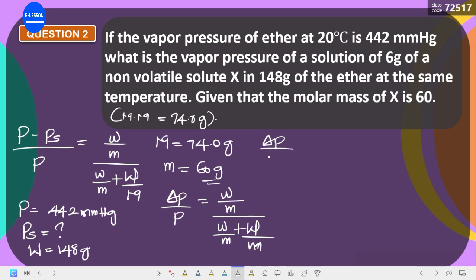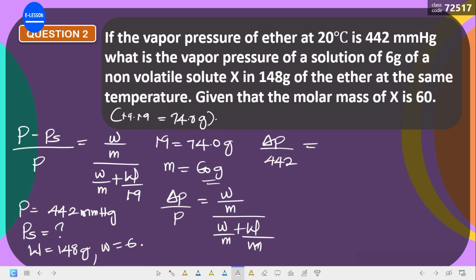All over. What is our P? The vapor pressure of pure ether is 442. So we have 442 millimeter mercury is equal to w over m. In this case, where is our w? Our w is the mass of the solute. Now, the mass of the solute, I did write it out before. The mass of the solute was given as 6 gram, because they say, what is the vapor pressure of a solution of 6 gram of a non-volatile solute?